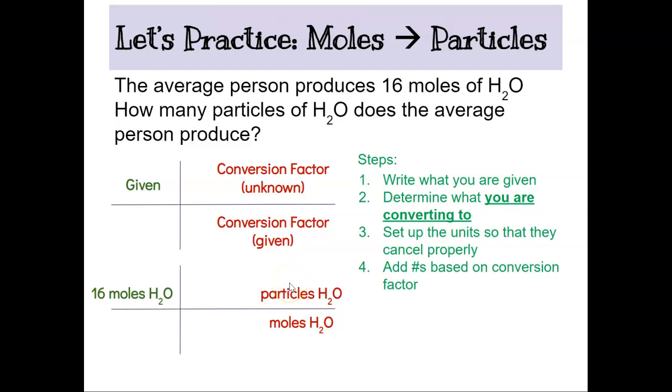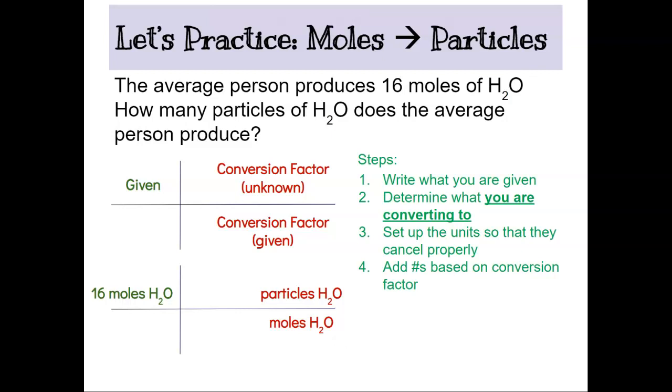Because I want to get rid of my moles, they will have to be in my denominator, because this is a fraction problem, right? So if we want to get rid of our moles, I need to have moles on top and a mole on the bottom so that I can eliminate these, so I can reduce them. This is just math problems. You've definitely done these since you're in chemistry.